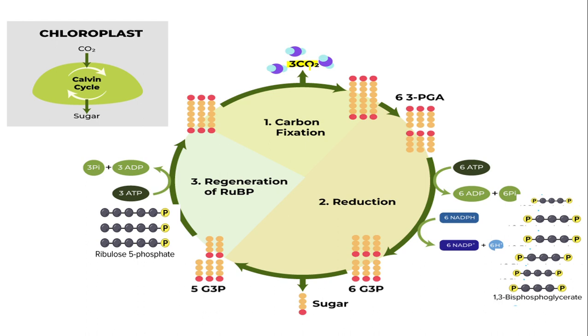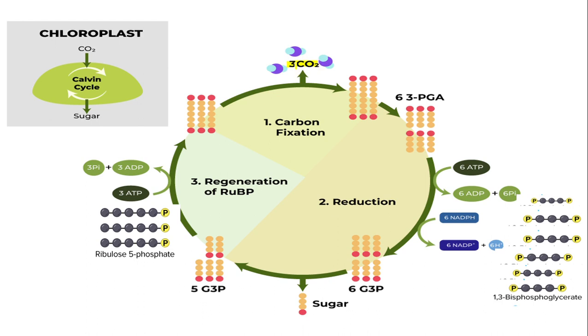The reason is that the end product, that is sugar, will be produced in the dark reaction, and that sugar will be the triose sugar, and you know that the triose sugar is a three carbon compound. So there is the need of three carbon dioxide molecules, so that these three carbon dioxide molecules will give rise to a triose sugar, which will contain three carbons in it.